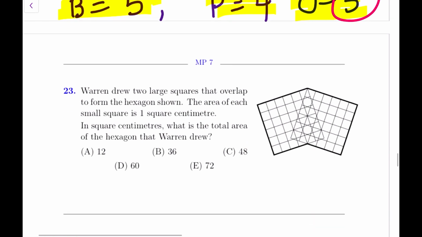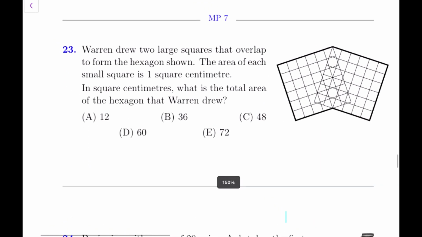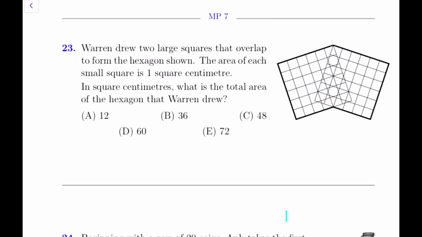All right, now this is an interesting question which will require knowledge of area as well as shapes. Warren drew 2 large squares. I can see 2 large squares here. Let me draw them. These are the 2 squares that overlap to form a hexagon.